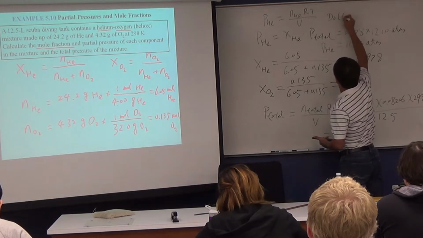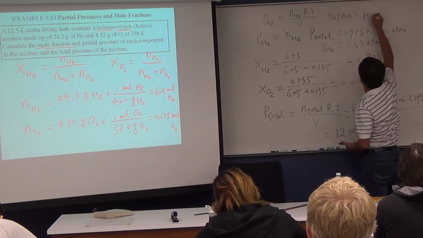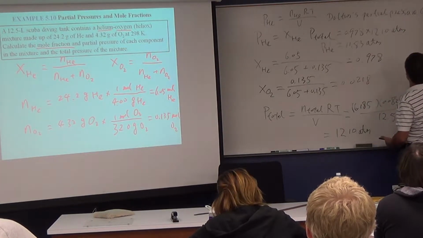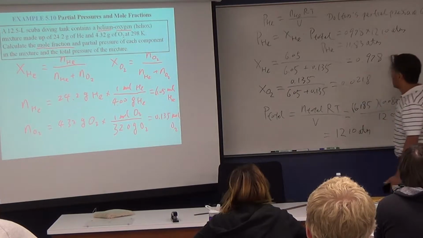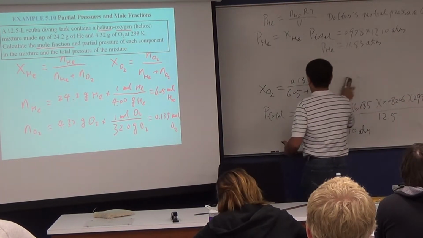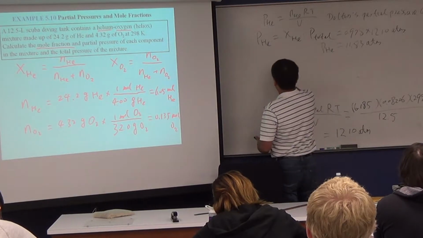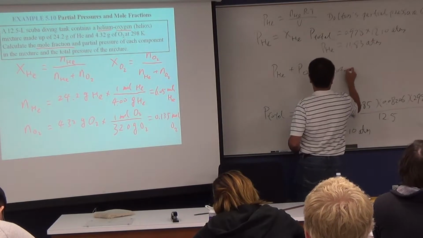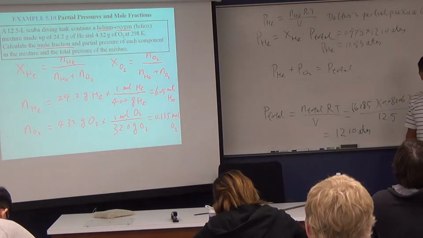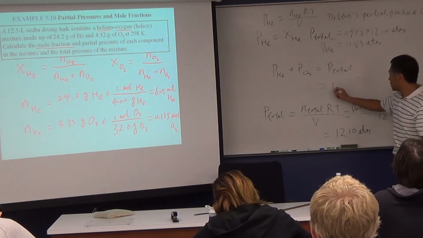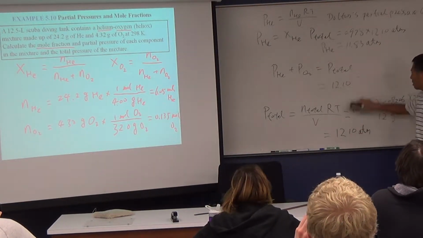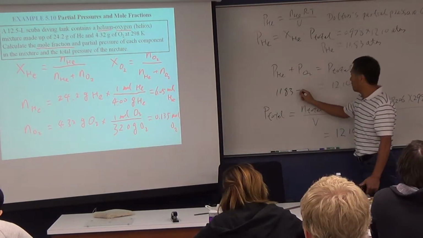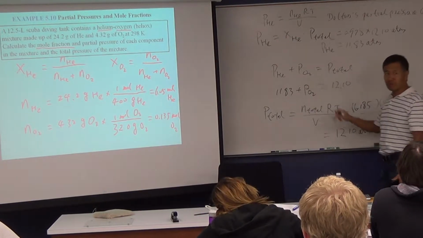Because Dalton's partial pressure law tells you that if you have P helium plus PO2, that equals P total. And now you already know two numbers. P total is 12.10, and P helium is 11.83, then plus PO2, which is the one we don't know.